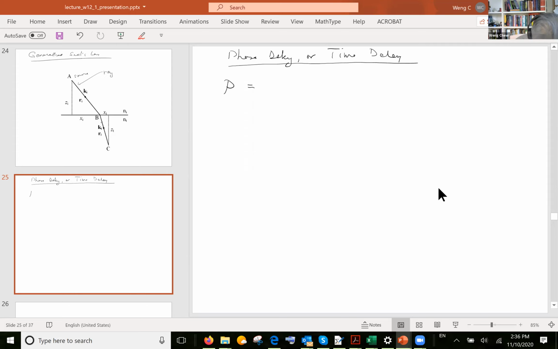The phase is equal to Ki dot Ri plus Kt dot Rt.